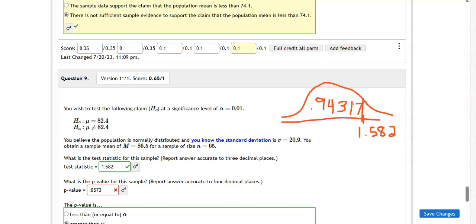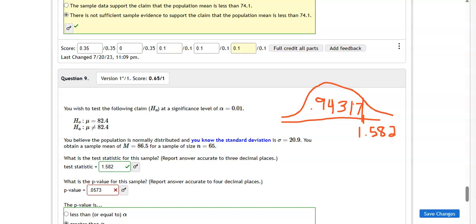Okay, but let's keep in mind that this is a two-tailed test. So here is one tail over here, and we can get that tail by subtracting from 1 this 0.943175. All right, so I will go ahead and do that.